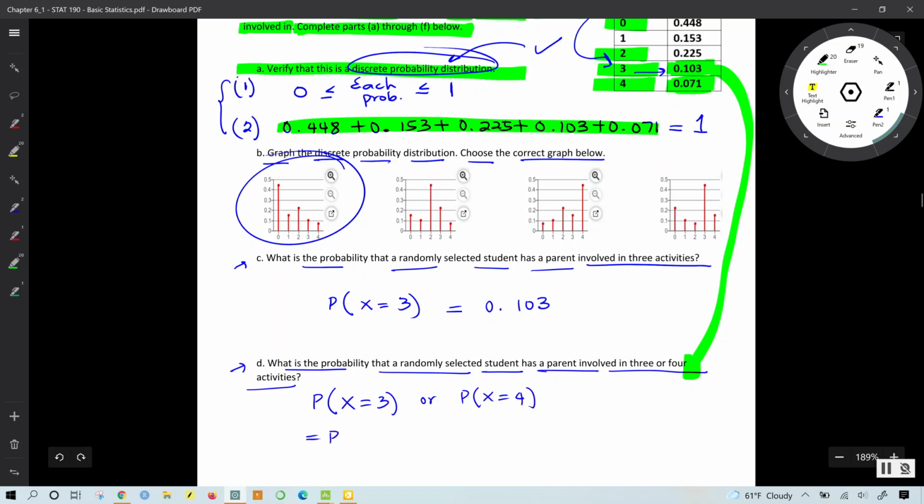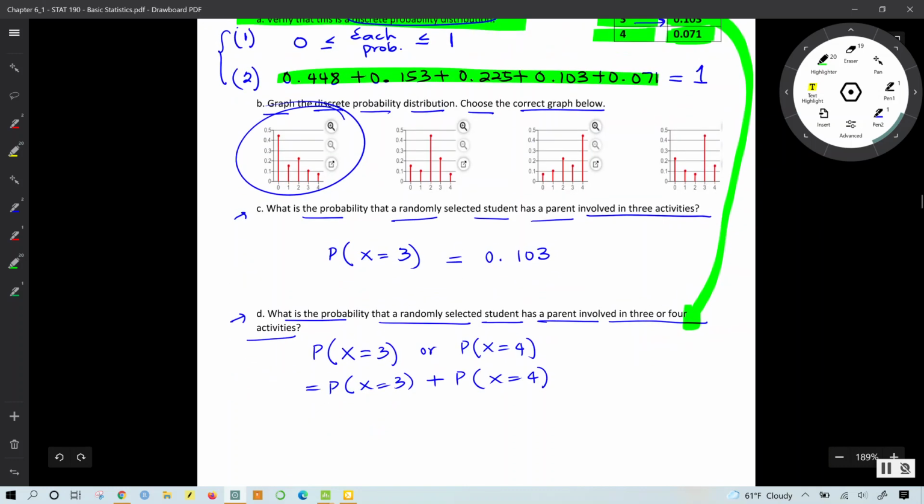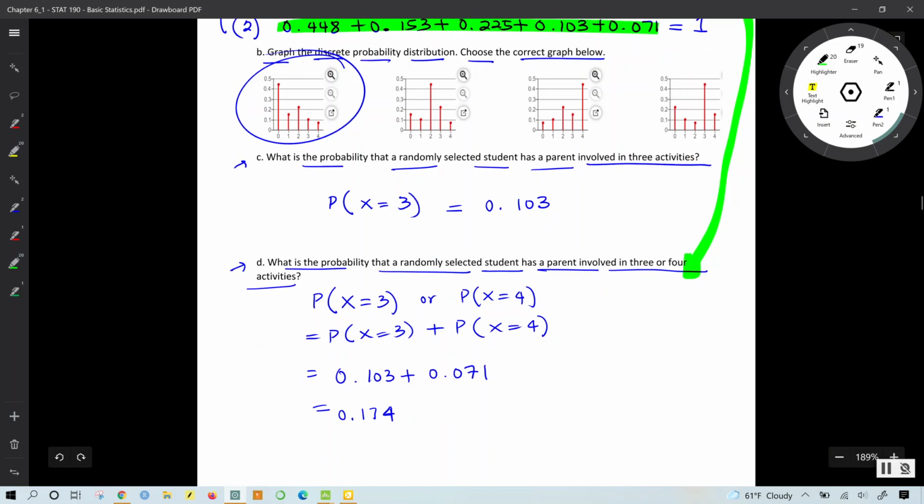This is the same as the probability of x equals 3 plus the probability of x equals 4 combined. And that will be 0.103 plus 0.071, which gives 0.174. And that brings us to the end of that question.